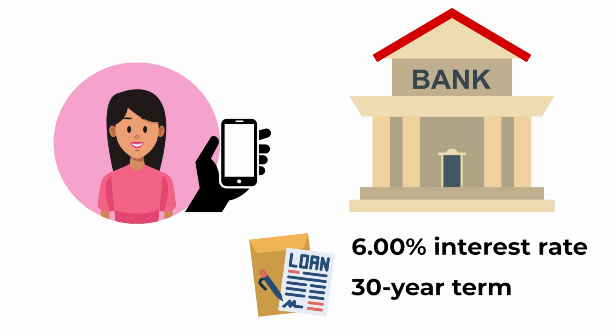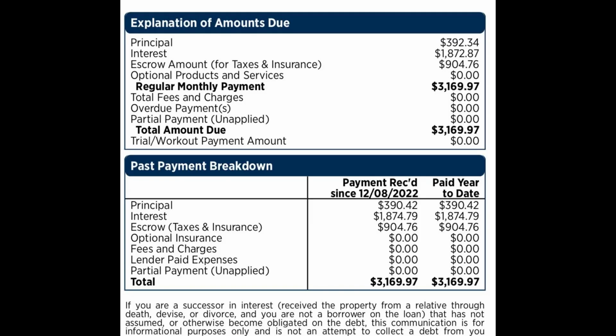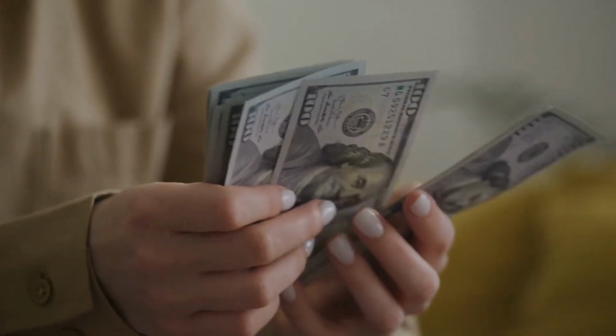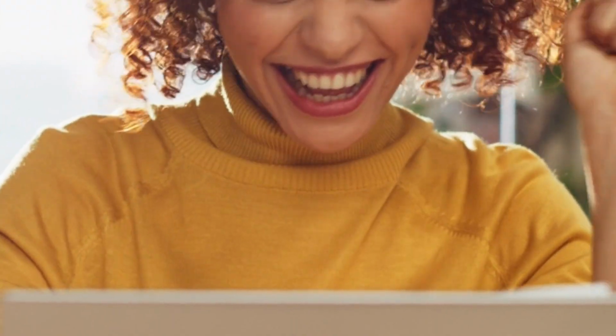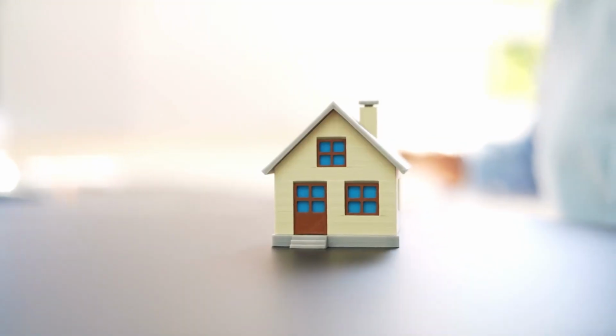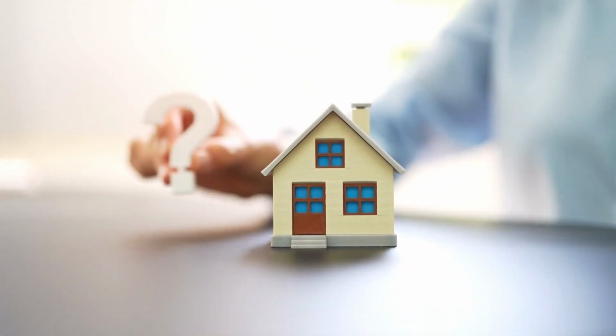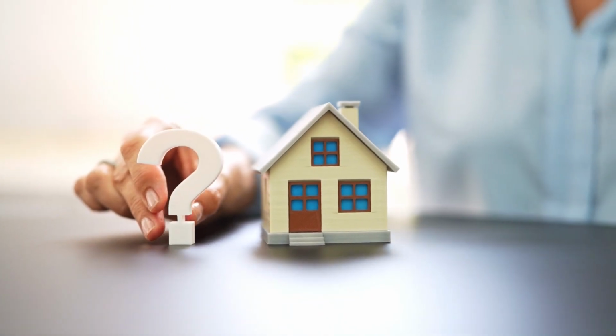If she wants to pay off the loan quicker than the 30-year term, she can choose to pay an additional $500 towards the principal every month. Or she can choose to do this whenever she has extra money, such as a tax return. One of the main benefits of doing this is that the borrower will pay less interest over the life of the loan.